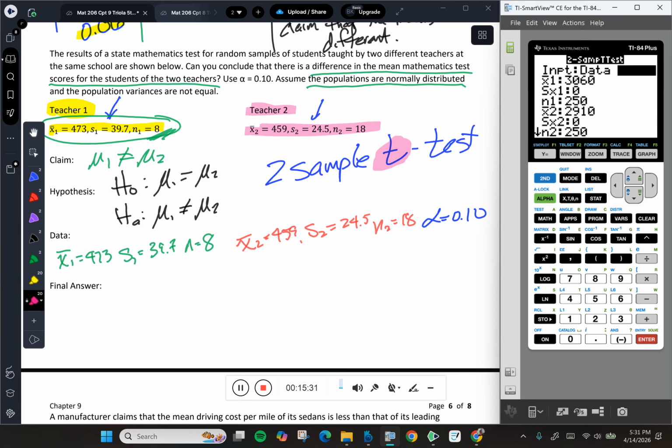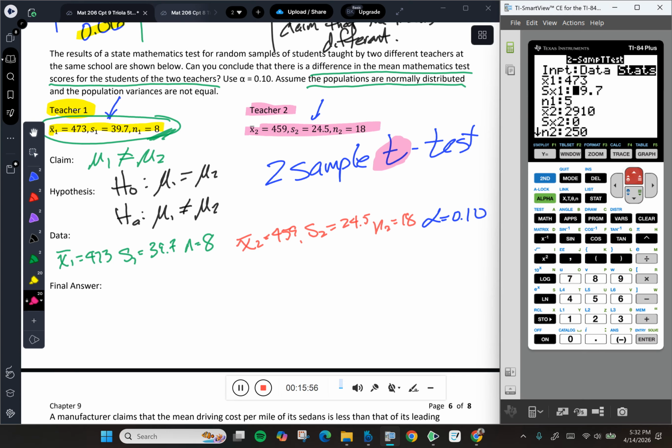I have statistics. Okay. Now this one actually is more logical, the order in which they ask you to put things in. X bar sub 1, mean for sample 1, 473. Standard deviation for sample 1, 39.7. Sample size, 8.